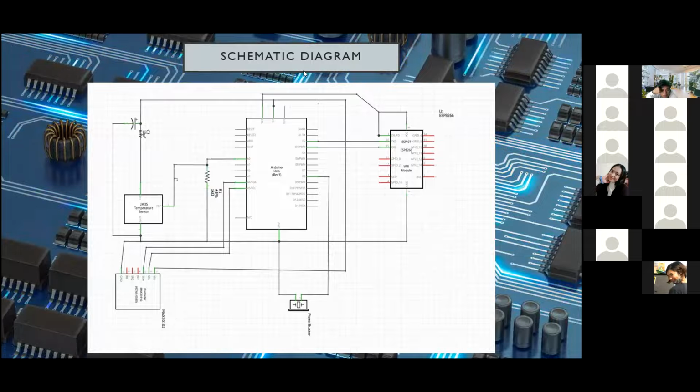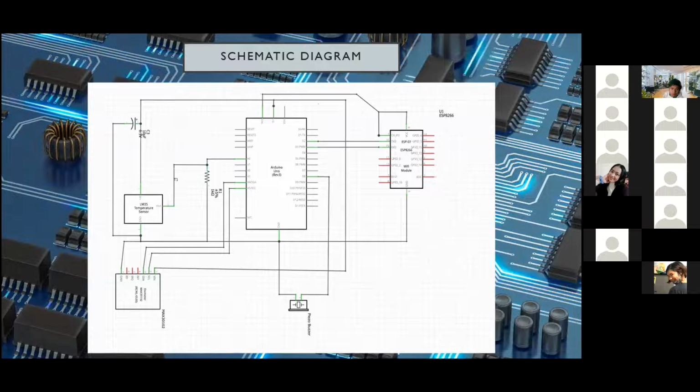So without it, hindi po kami makaka-upload ng data. So it is capable of uploading, or para ma-access yung Wi-Fi. Each module comes pre-programmed with an AT command set firmware, meaning you can simply hook this up to your Arduino device and get as much Wi-Fi ability.